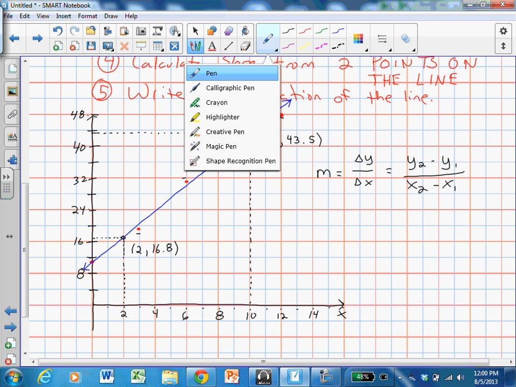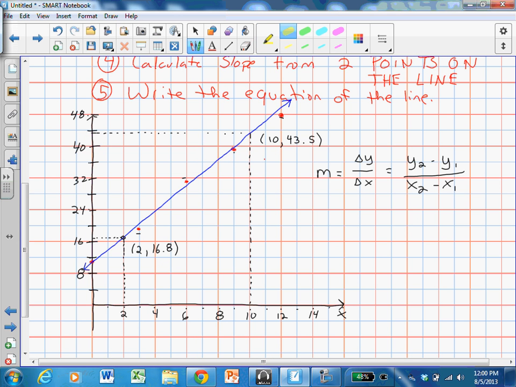This part is our change in y. Right there, we're going to do 43.5 minus 16.8. And this part here is our change in x, so that's going to be 10 minus 2.